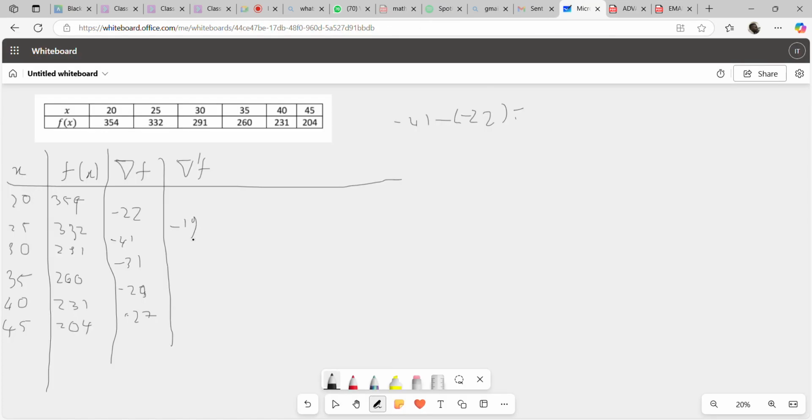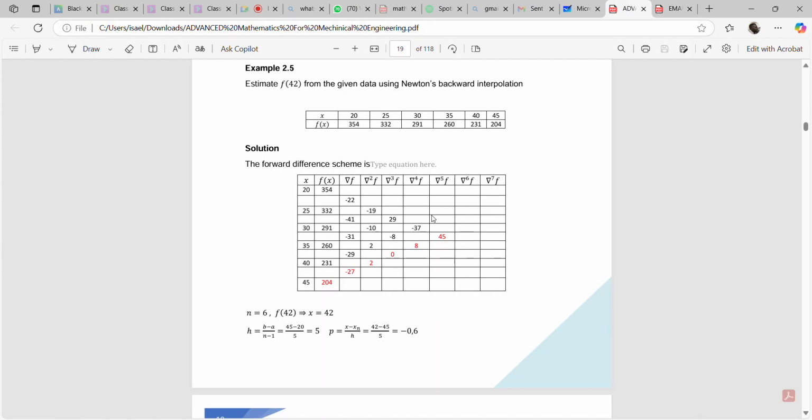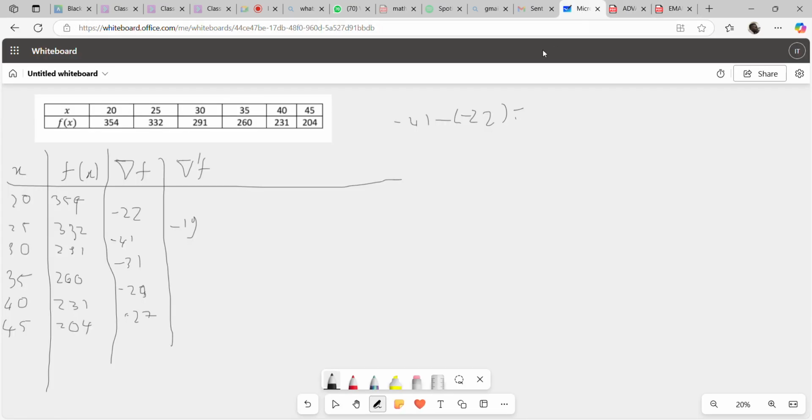The same thing is done here. Minus 31, minus of the formula, minus 41. What is the answer? It is giving here, I guess, minus 10. This one is minus 29, minus of the formula, minus 31.